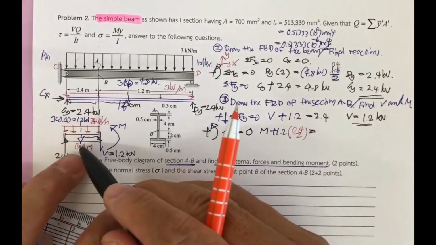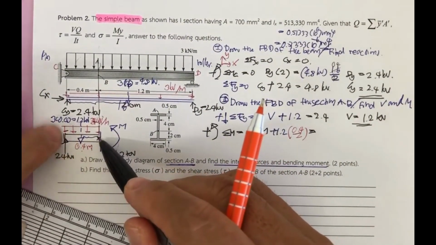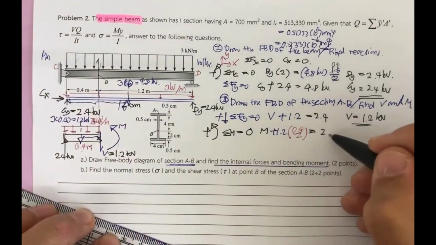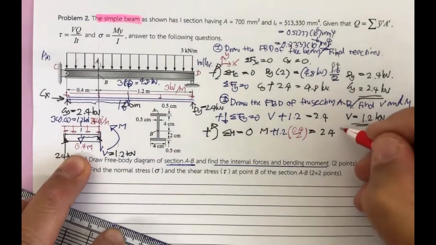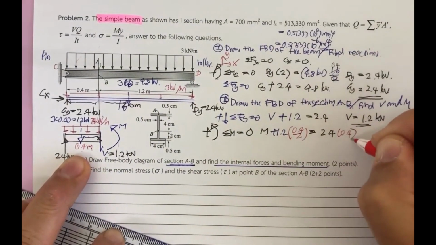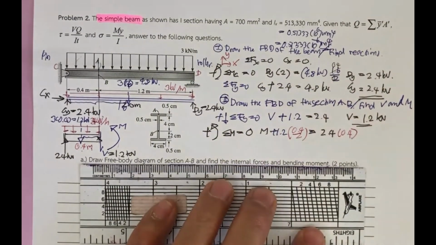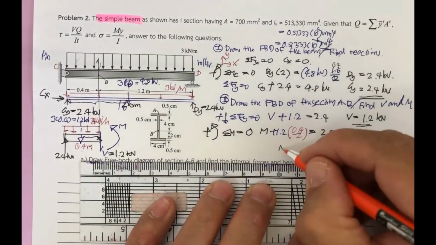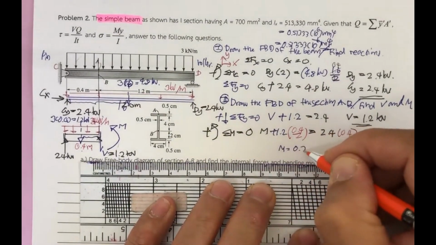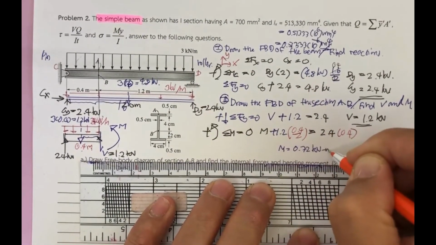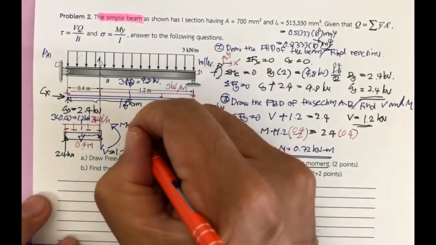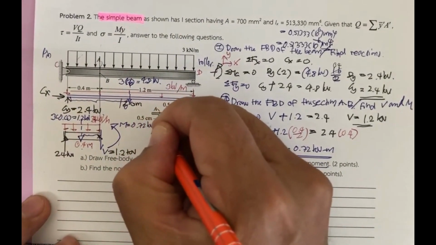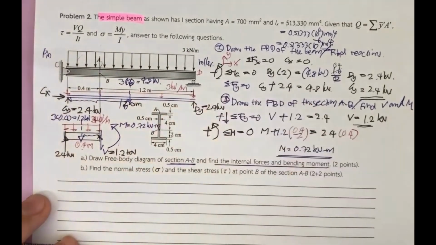This is counterclockwise, this is clockwise, 2.4, and then times the distance here of 0.4. Okay, by putting them together, we will get the moment of 0.72 kilonewton meter.